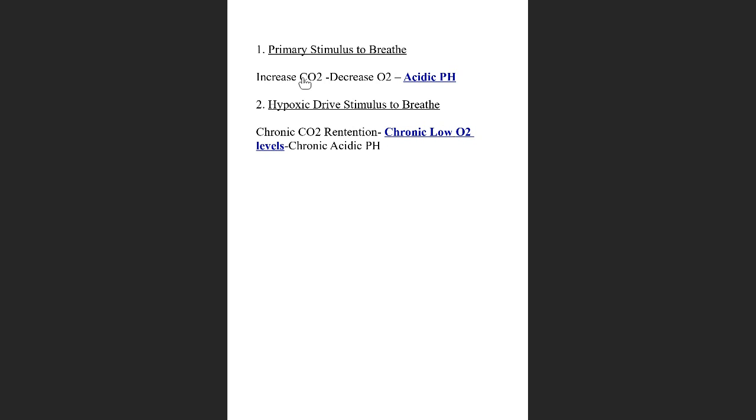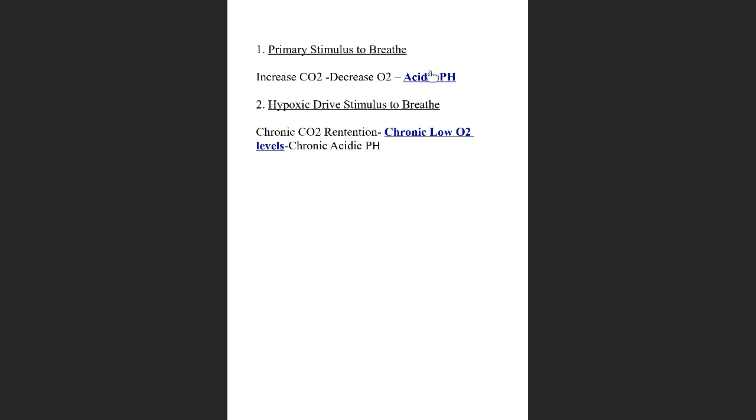The more carbon dioxide we have building up in the body fluids, the less oxygen we will have available. As that CO2 continues to build up, eventually it will combine with water and form carbonic acid. When it forms carbonic acid, it will start to affect the pH. So the pH will now drop below 7.35. We get an acidic pH.